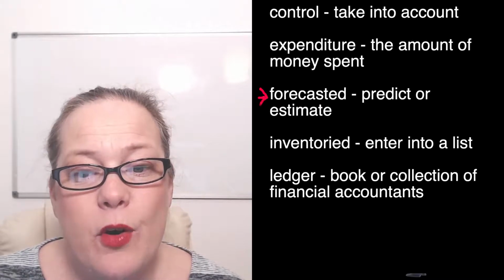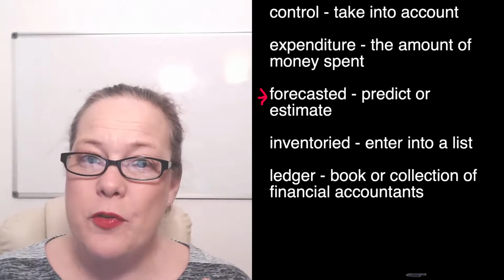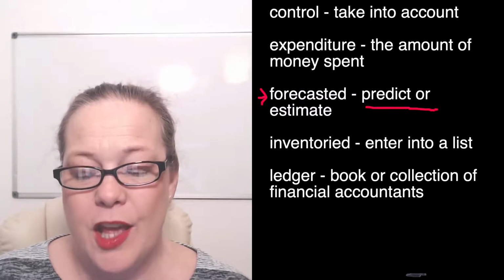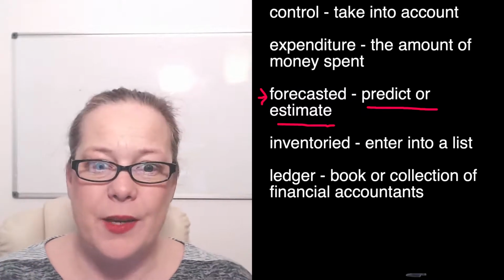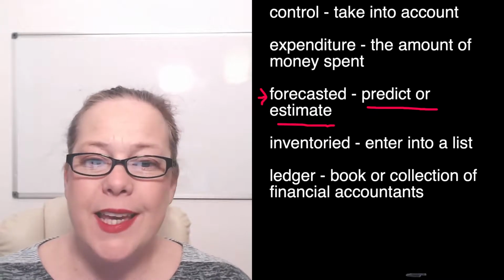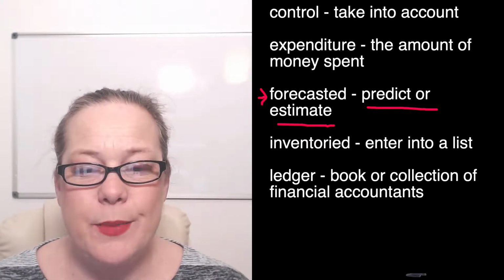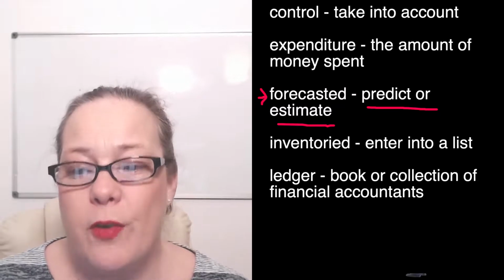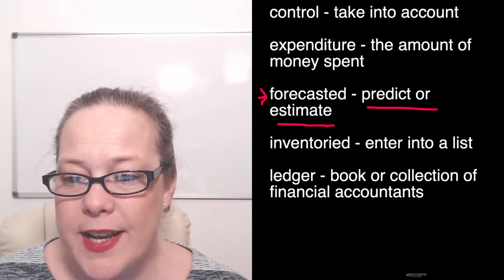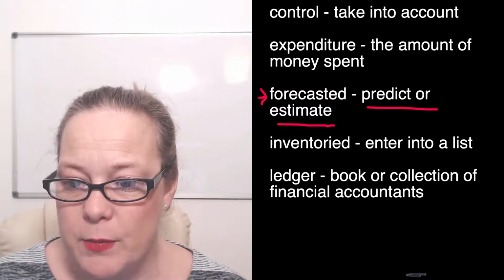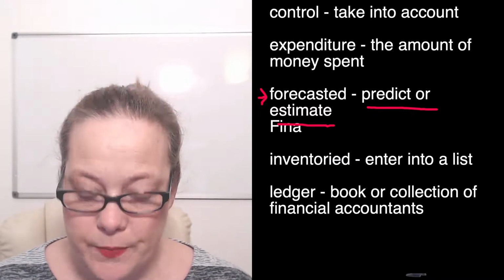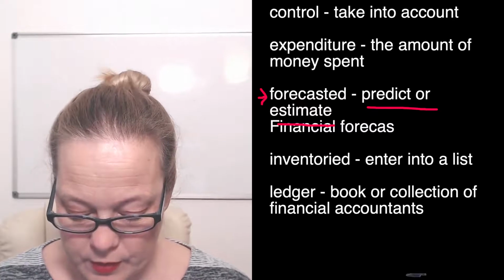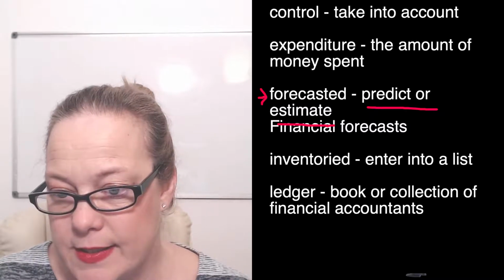Forecasted. If you forecast something, you predict or estimate something. Now, in the accounting world, you would be doing financial forecasts. Financial forecasts.